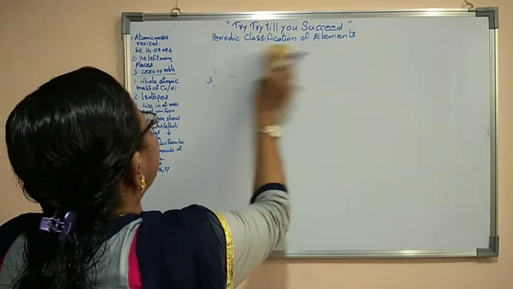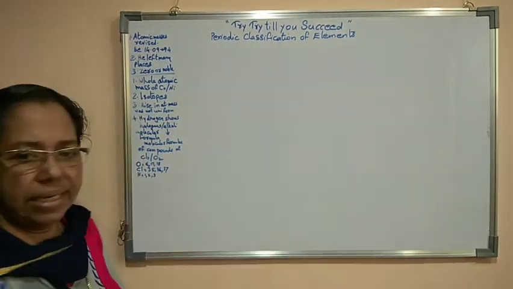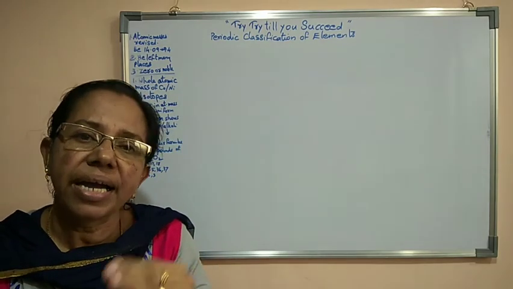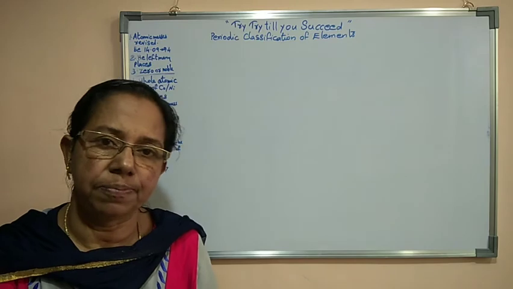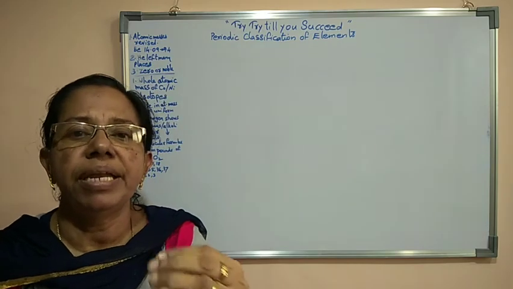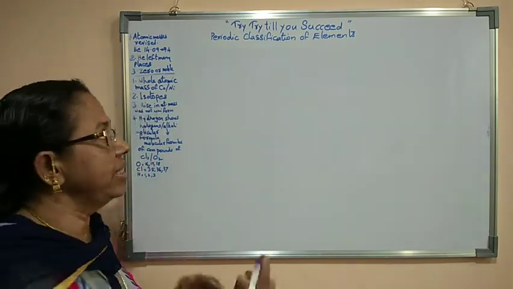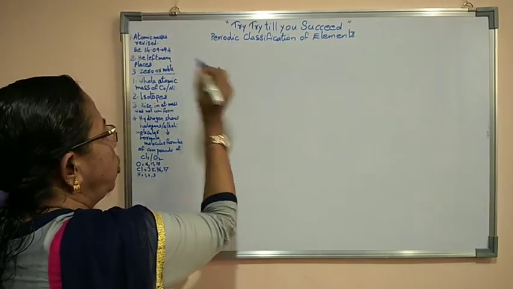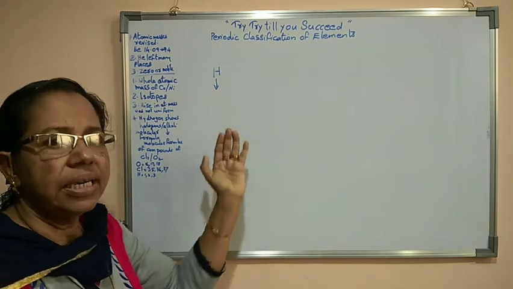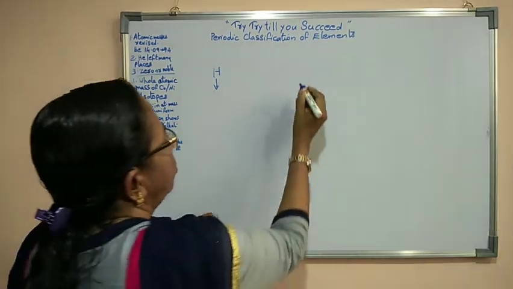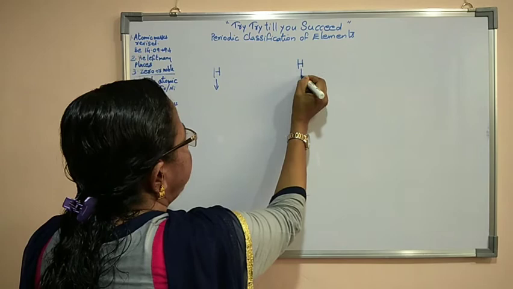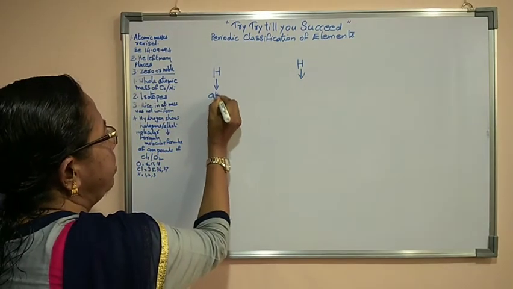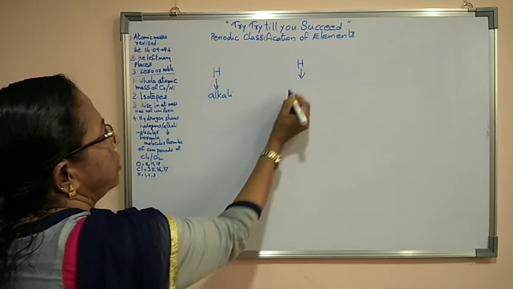Now, the last point, children, is that there was a confusion for putting hydrogen in the periodic table. Which periodic table? Mendeleev's periodic table. What was the doubt? Hydrogen either should be along with the alkali metals or with the halogens. That was the question.